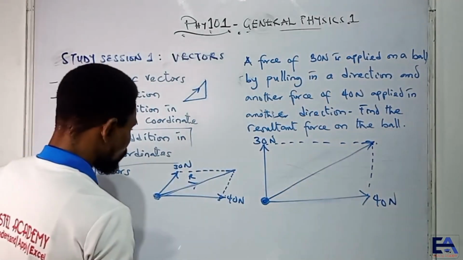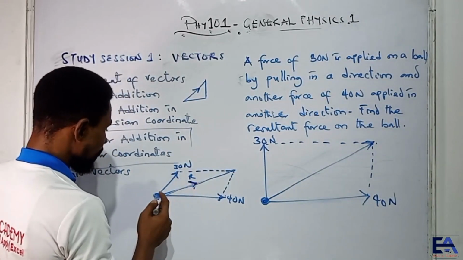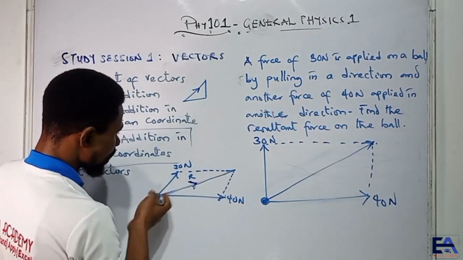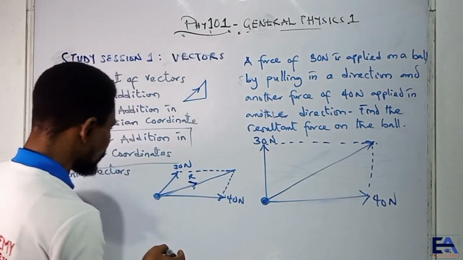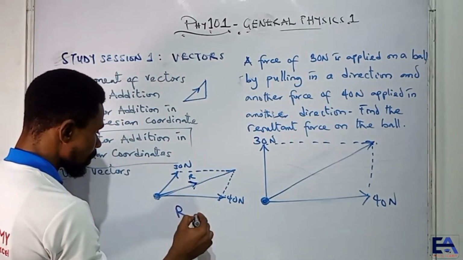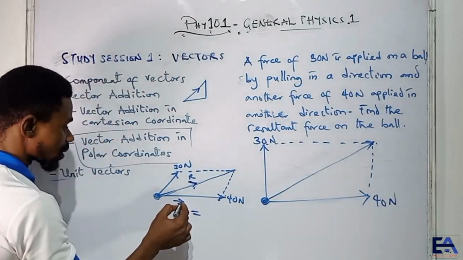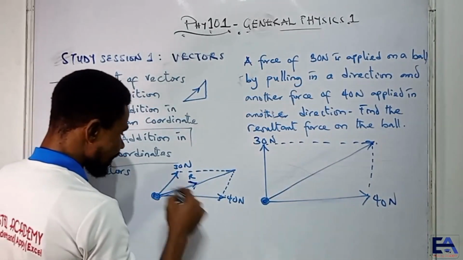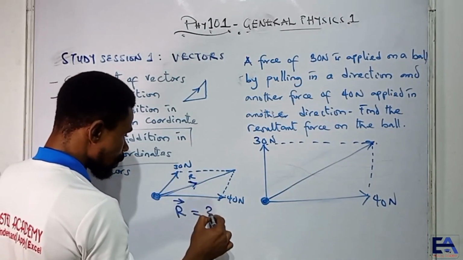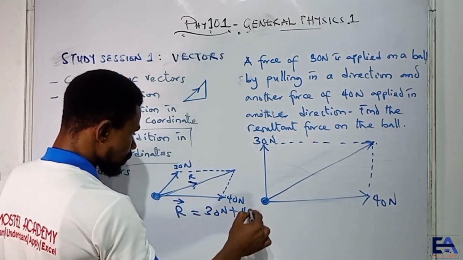Okay, so now we have it this way, like this. What the law is just trying to tell us is that the overall effect of R, the overall effect of the two forces on this ball, is given as the addition of the two other forces, which is 30 Newton plus 40 Newton.